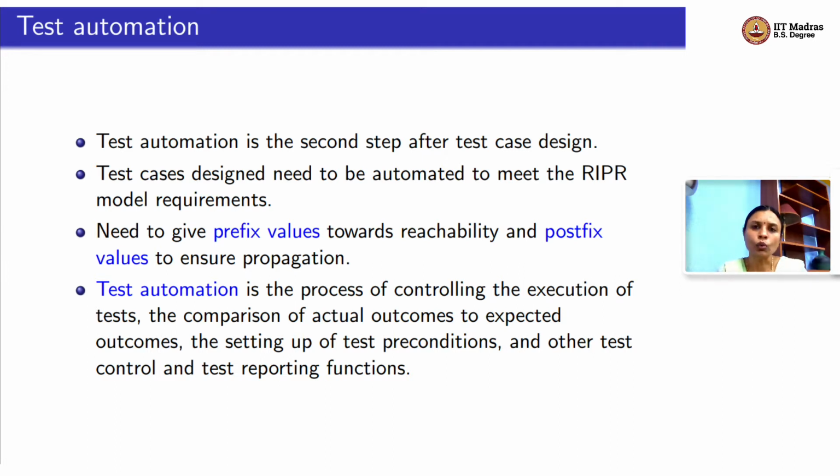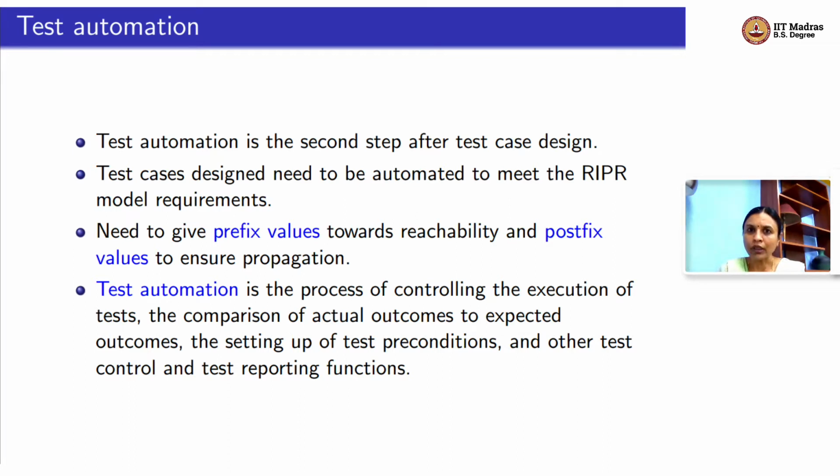The way we do RIPR in test automation is to give what we call prefix values and postfix values. Prefix, as the name says, helps you to reach the fragment of code that you're trying to test. Postfix values will ensure that the output of the fragment of code that you're trying to test does propagate and end up in the software producing the output.